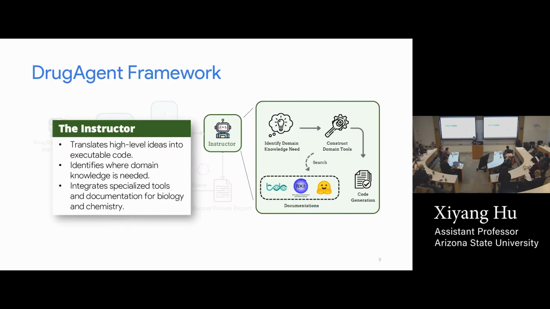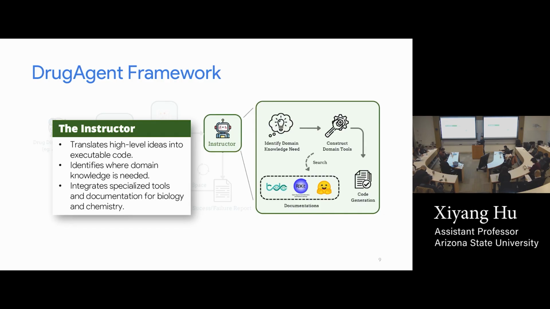The other role is called the instructor. The instructor is like a domain-specific machine learning expert. What the instructor does is translate the high-level idea from the planner into really executable code.